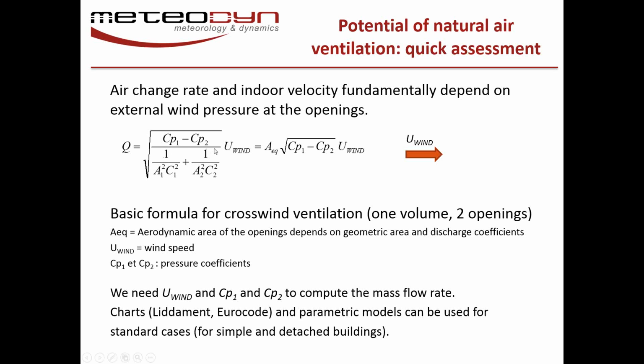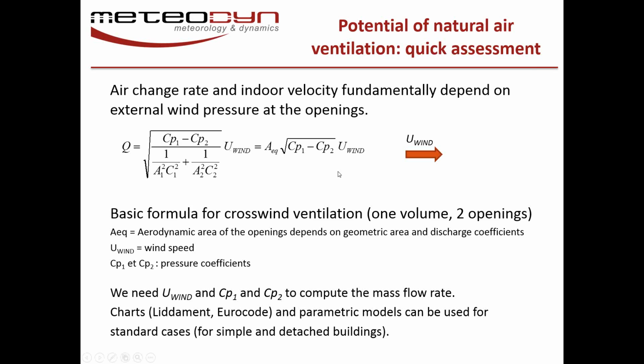It uses the pressure coefficient on openings 1 and 2, or the difference of those pressure coefficients, and also the surface of the openings and the discharge coefficient, meaning the pressure loss inside the openings. Another one is the reference wind.